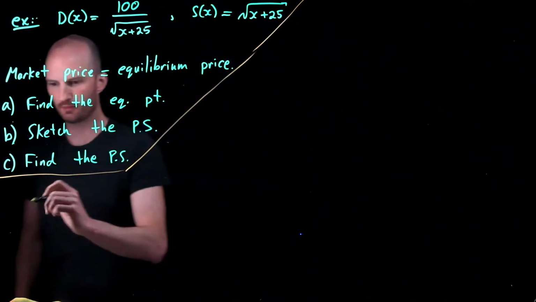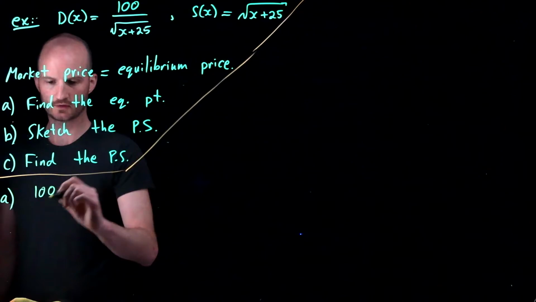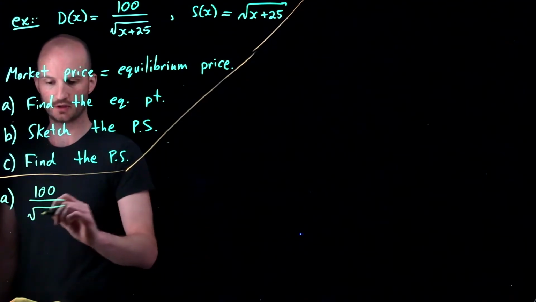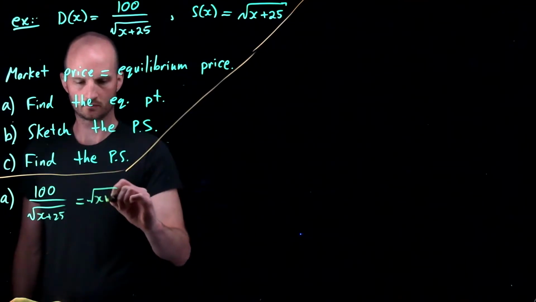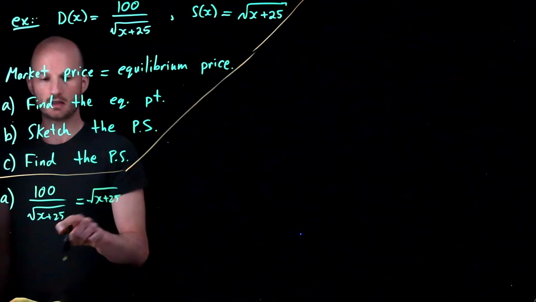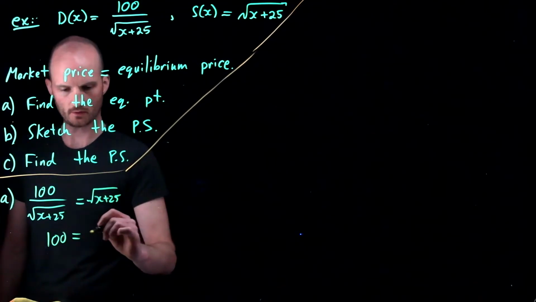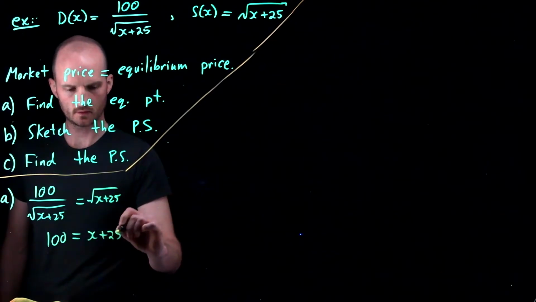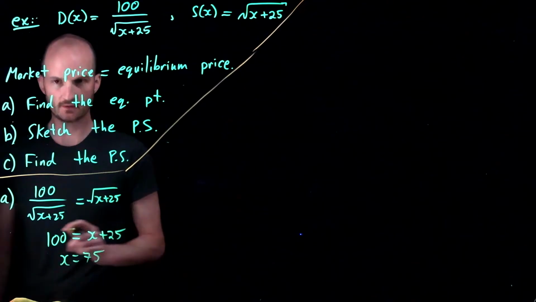Okay, equilibrium point, you set the two curves equal to each other. And what do you get? The square roots multiply each other, and the square root disappears. So x is 75.